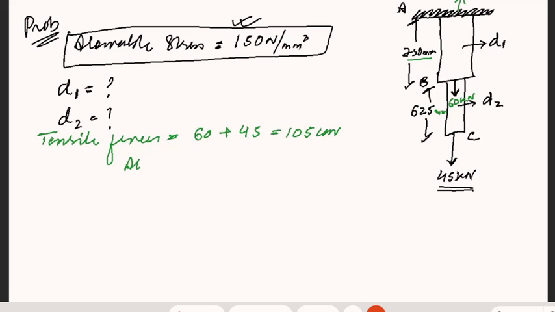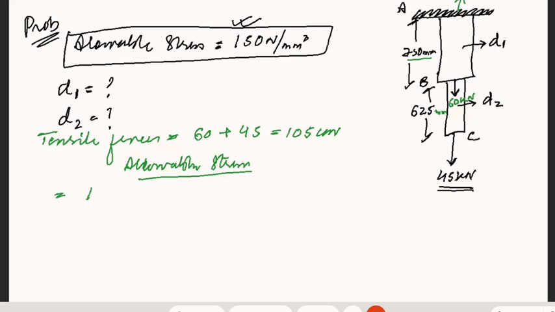Now, the allowable stress is the stress that actually comes on the bars with regard to the load that is there.